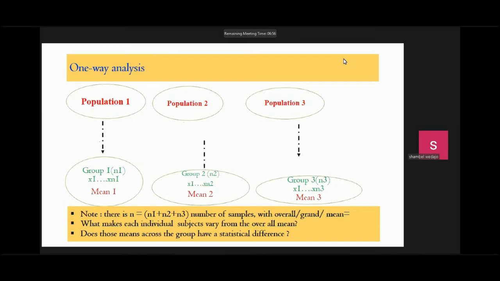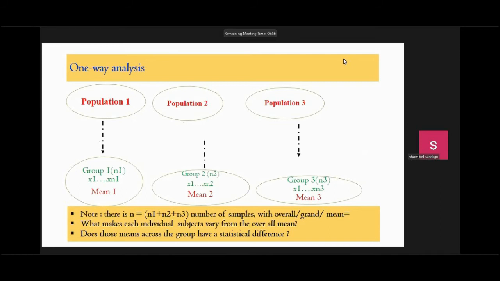From population 1 you have group 1, some samples, N1, as shown in the graph. From population 2 you have taken group 2 samples, which is N2, with individuals from X1 up to XN2.